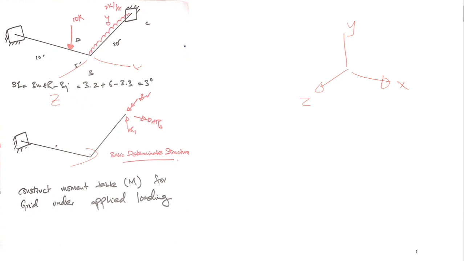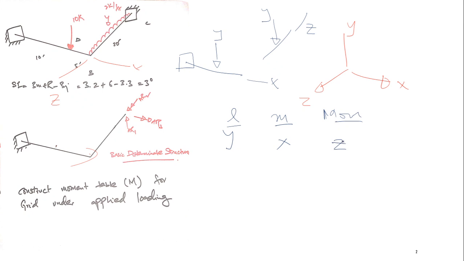As the loading is in the y-axis, and one of the members is in the x-axis, the other member is in the z-axis. When the load is in the y-axis and the member is in the x-axis, then the moment would be in the z-axis.